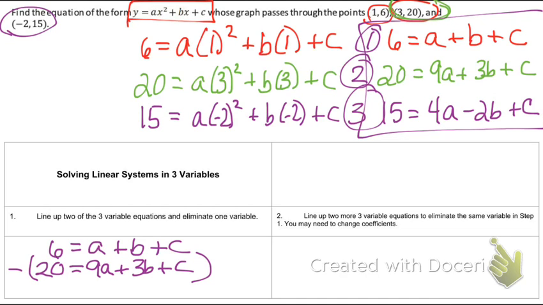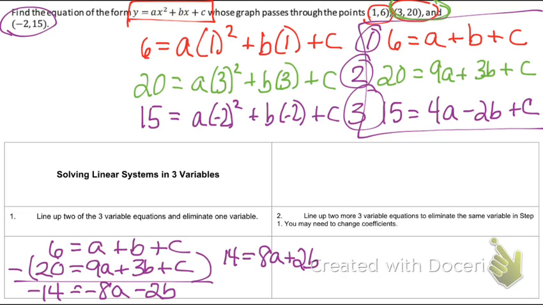I'm going to subtract. I get negative 14 equals negative 8a minus 2b. I'm going to divide everything by negative 1 on both sides, so I get 14 equals 8a plus 2b. It's just a little bit easier to work with. I probably should have stacked equation 2 on top of equation 1.